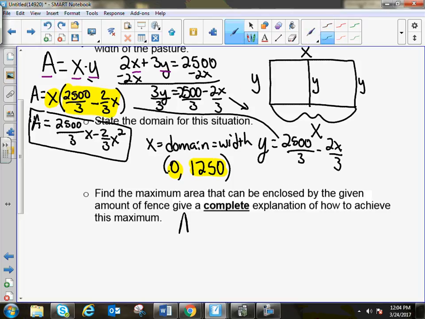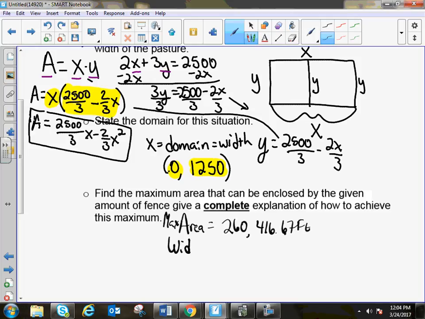So for the area, we're going to put max area. Max area is 260,416.67 feet. So the question is, and the x value would be, what width?